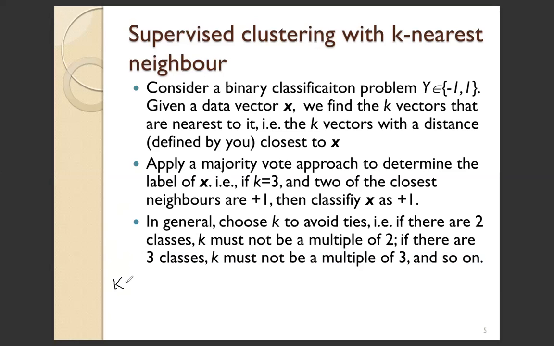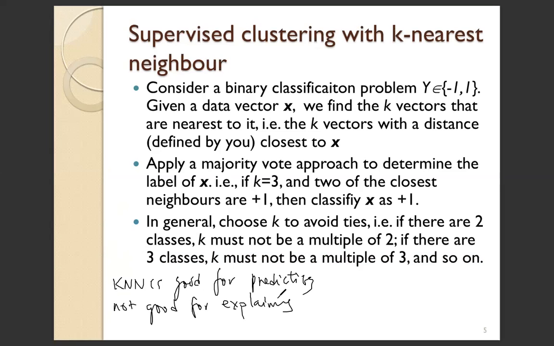If KNN is good for predicting, it is not good for explaining, because it is a completely model-free method. So if all you want is prediction, you give me data, I can tell you a value in regression problems, or a label in classification problems.